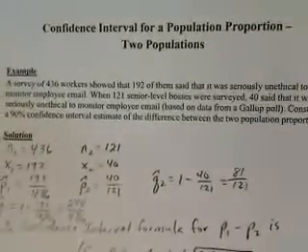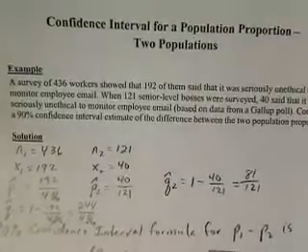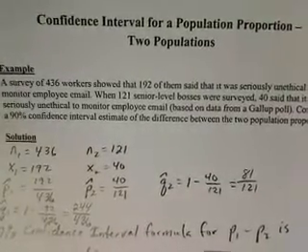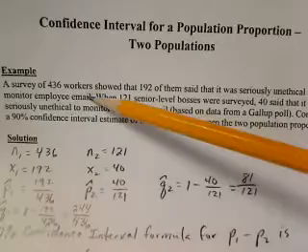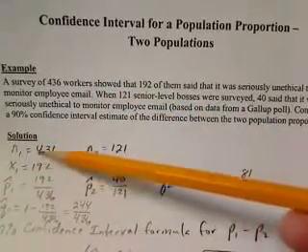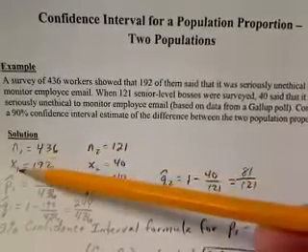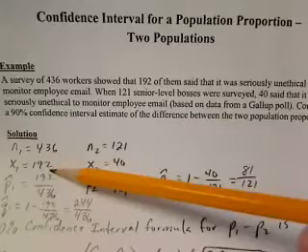In this solution, we have to identify all of the given values in symbolic form. We'll call the first population the employee email for the workers. And n1, the sample size, is 436 employees surveyed. x1 is 192 of those.